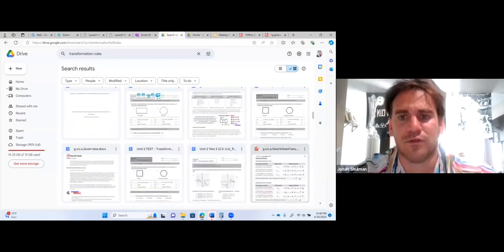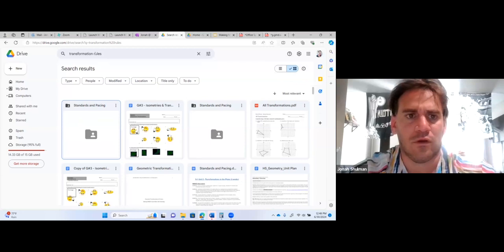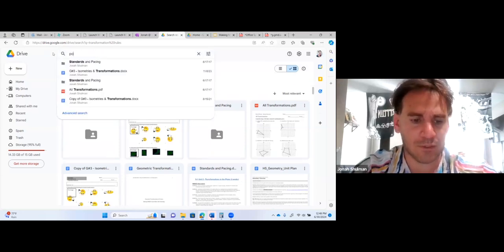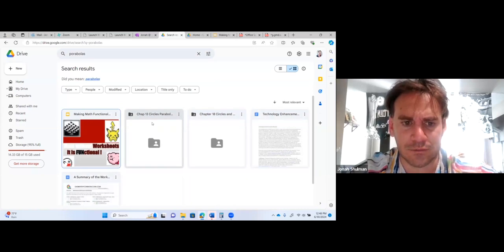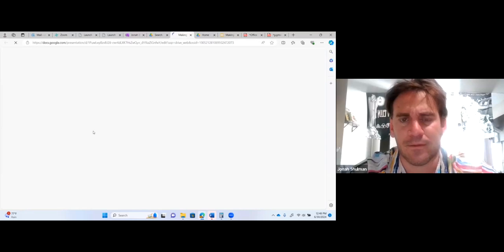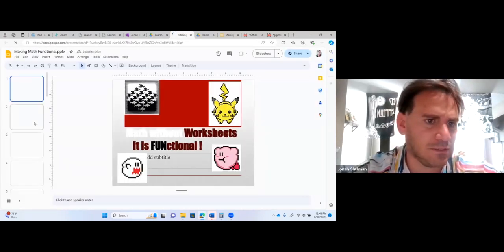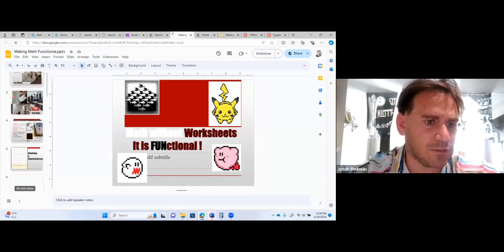I'll put it in after. But I have it where all of the parabolas are set as different pieces. I'm just seeing if I can find it real fast.